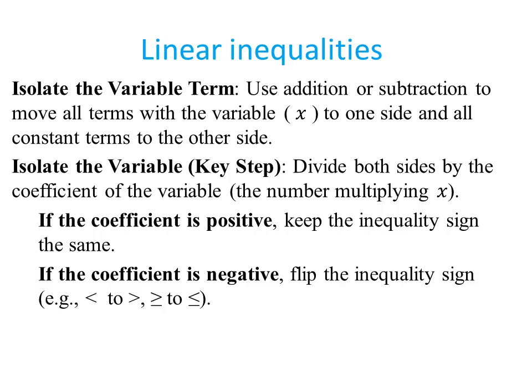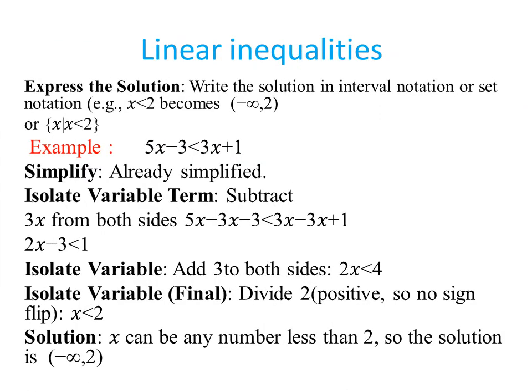Then we express the solution. Write the solution in interval notation or set notation. For example, x less than 2 becomes minus infinity comma 2, or the set of x such that x is less than 2.